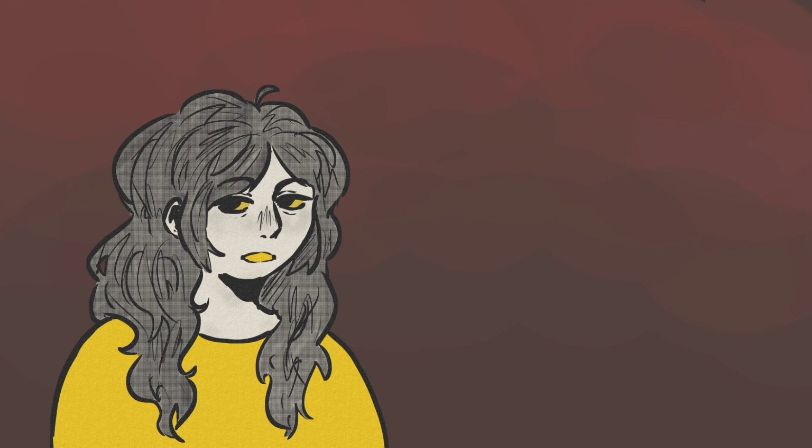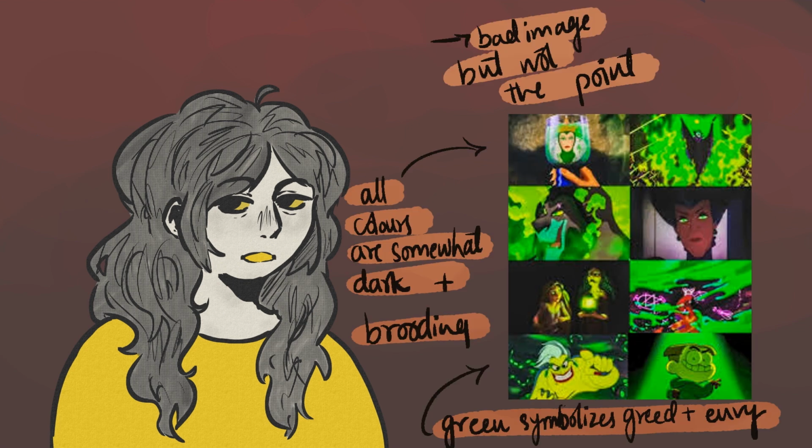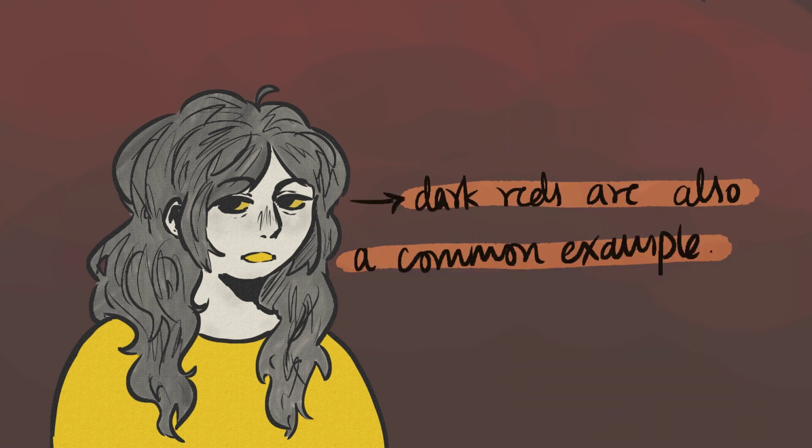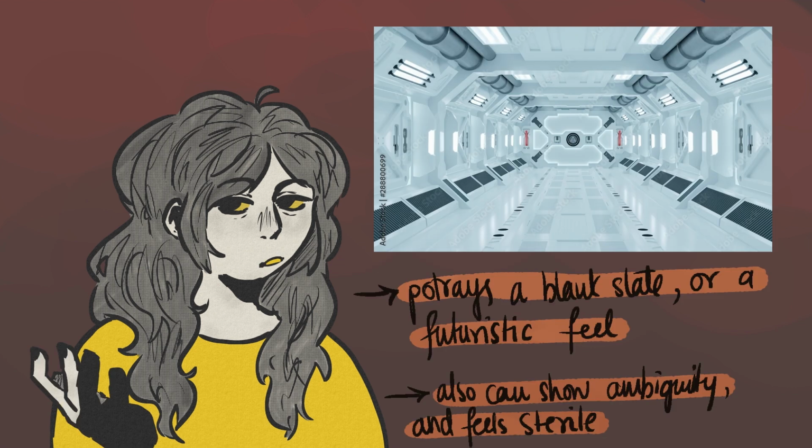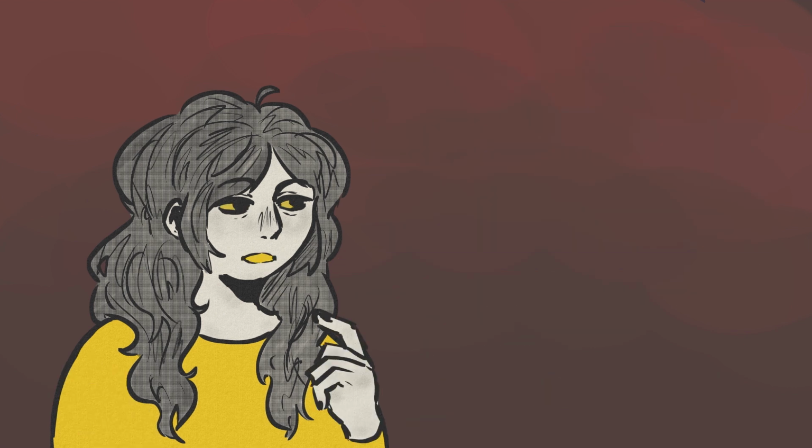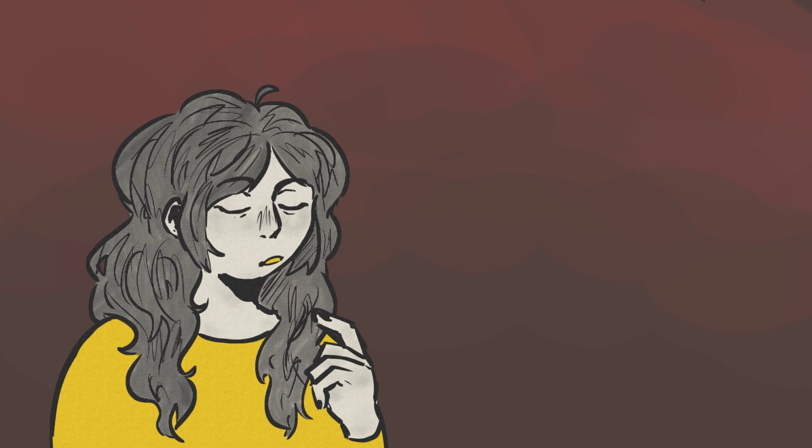For example, villains in a lot of pieces of media are associated with black or dark brooding colors, or white can be used in sci-fi for sterile environments, or white can also be used for purity, and so on.